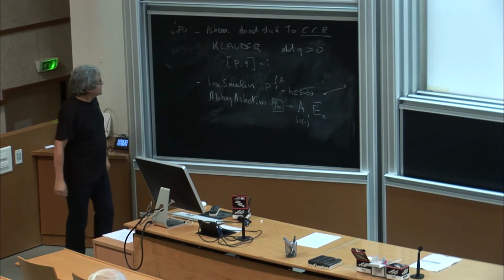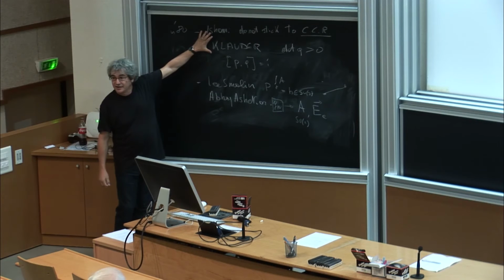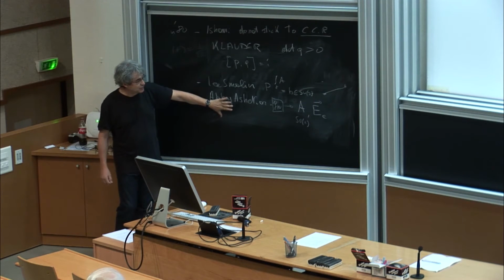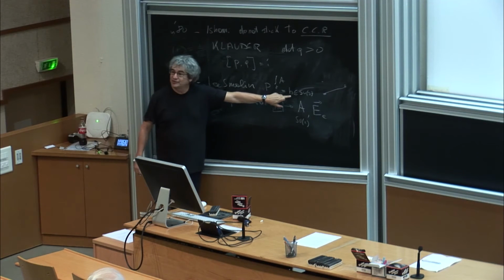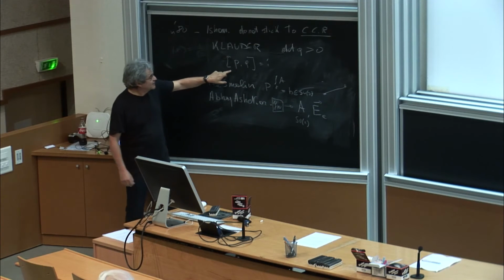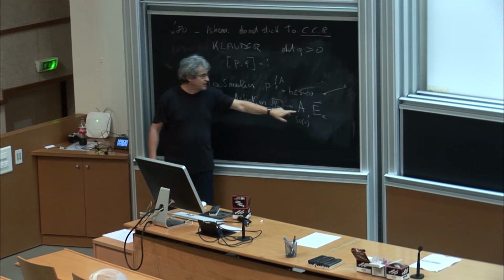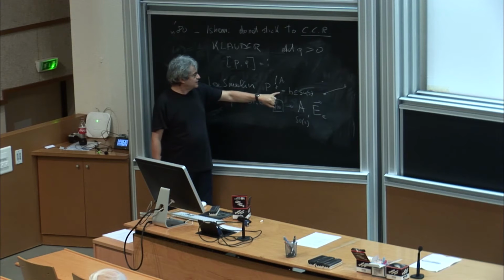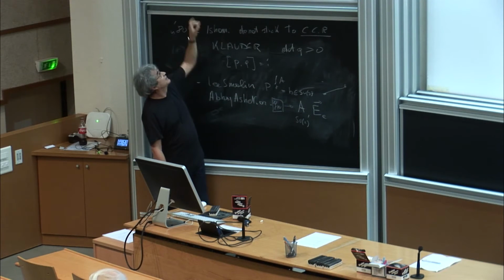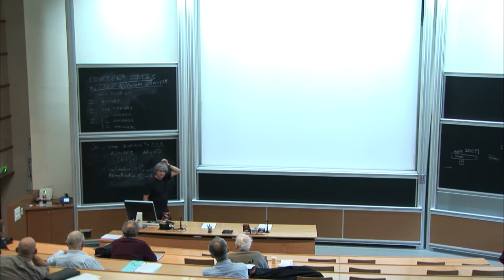So the idea came out to take these ideas and apply them to these variables here, and instead of quantizing the canonical commutation relation of A and E, quantize sort of the holonomy and something like that. And that is loop quantum gravity. That was the origin of loop quantum gravity.